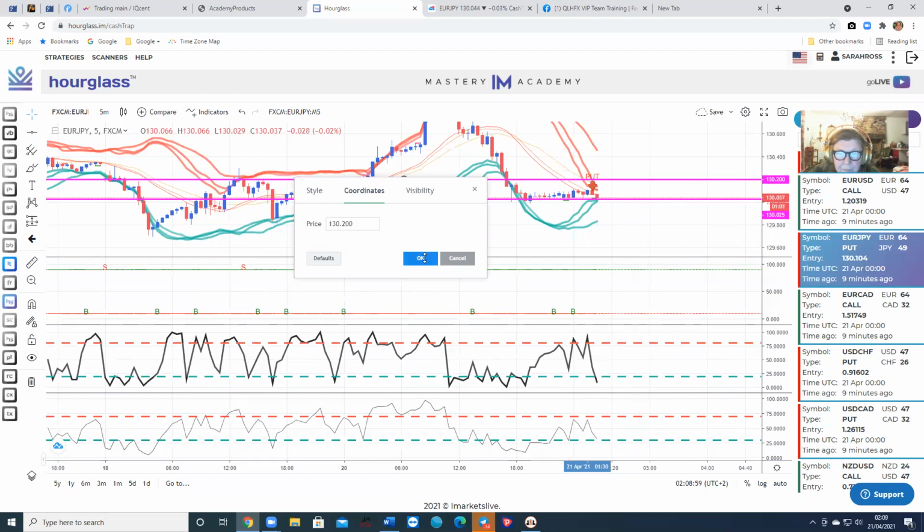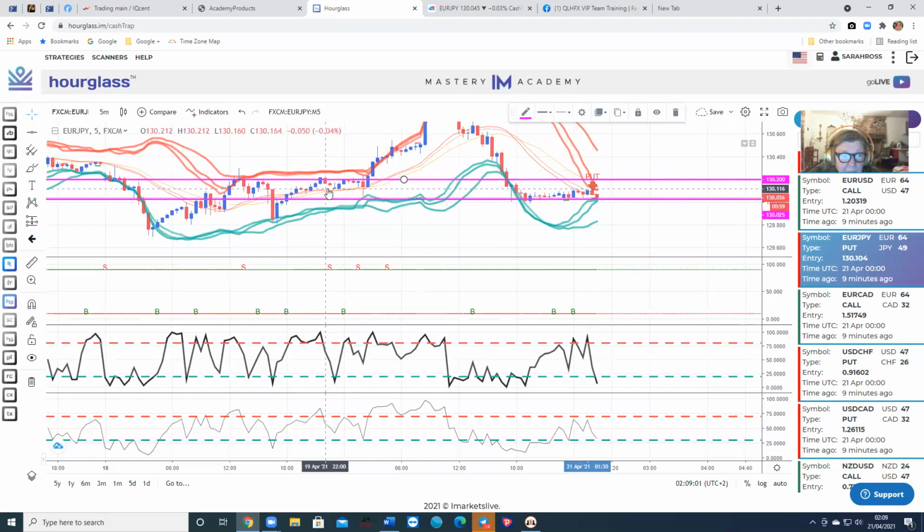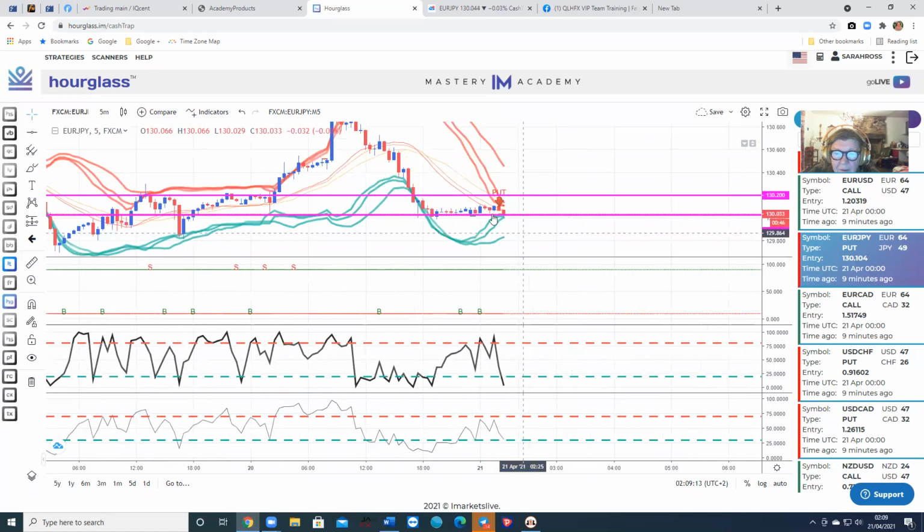Use that as resistance, resistance, resistance. Bollinger Band, very, very narrow.